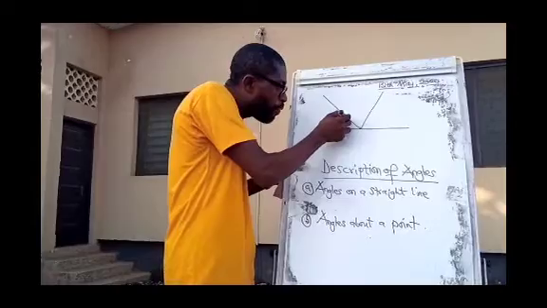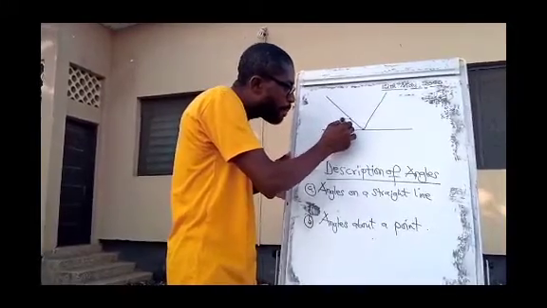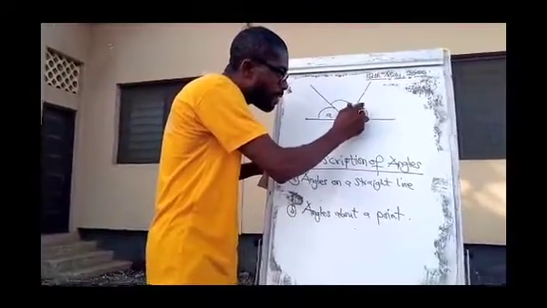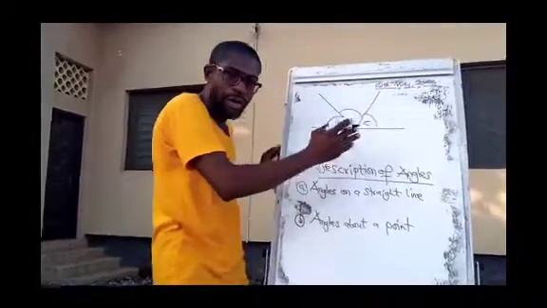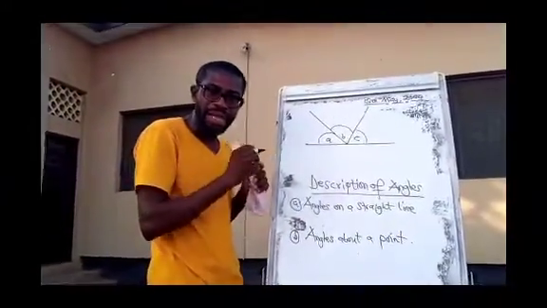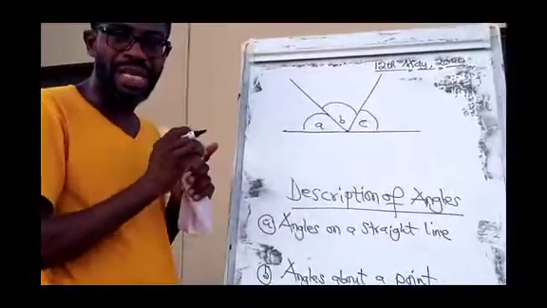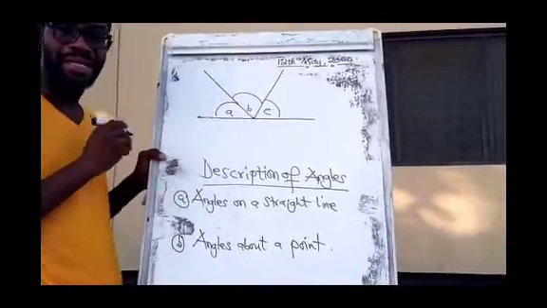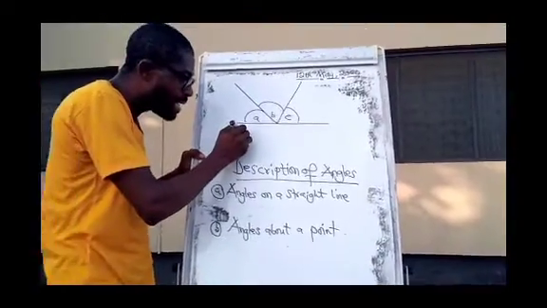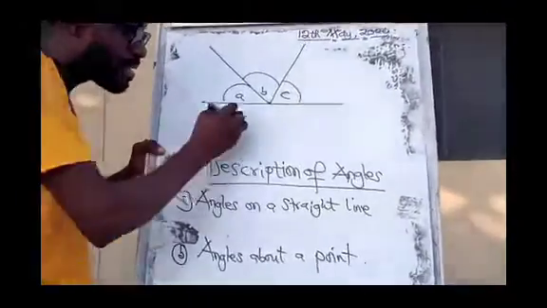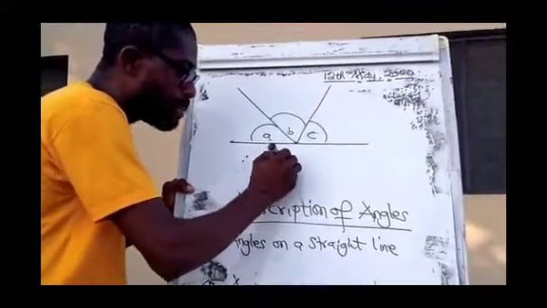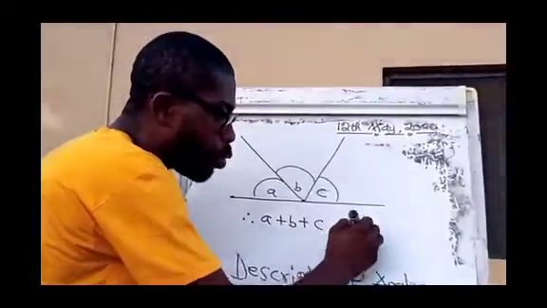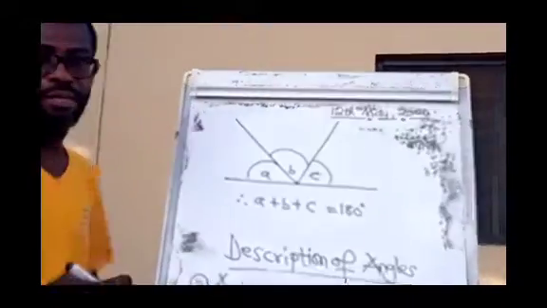So the angles formed will be A, angle B, and angle C. And these angles are on the straight line. So we term these as angles on the straight line. And their basic principle is that they add up to 180 degrees. So mathematically, we can display this as A plus B plus angle C, all equal to 180 degrees.